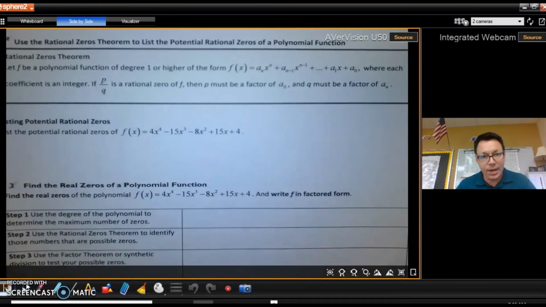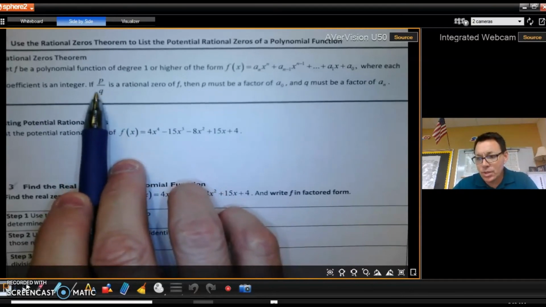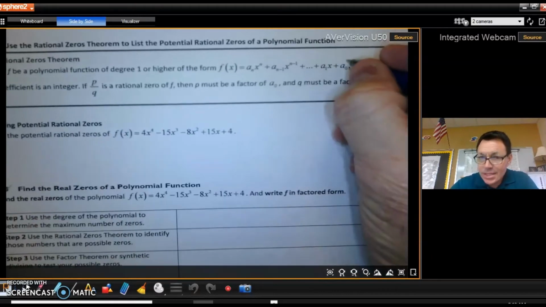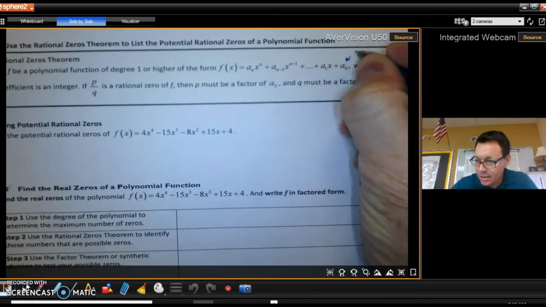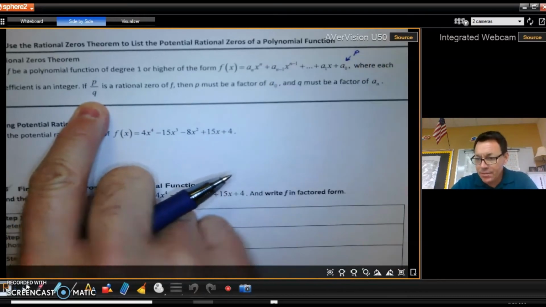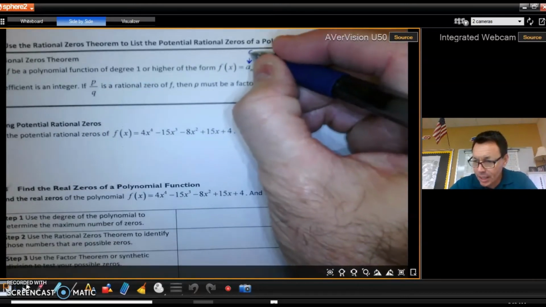It doesn't have to be a fraction. But it has to be a rational number where the numerator is a factor of the constant on the end, and the denominator has to be a factor of the coefficient at the beginning.